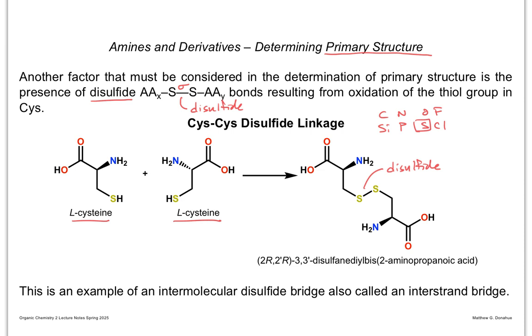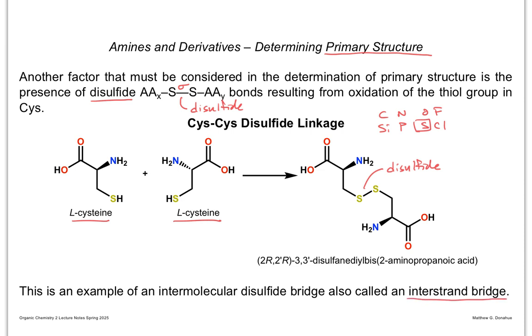And so you can imagine you have this long chain of amino acids. It has 2 cysteine residues. They can come together to form that bond. And this is called an intrastrand bridge.